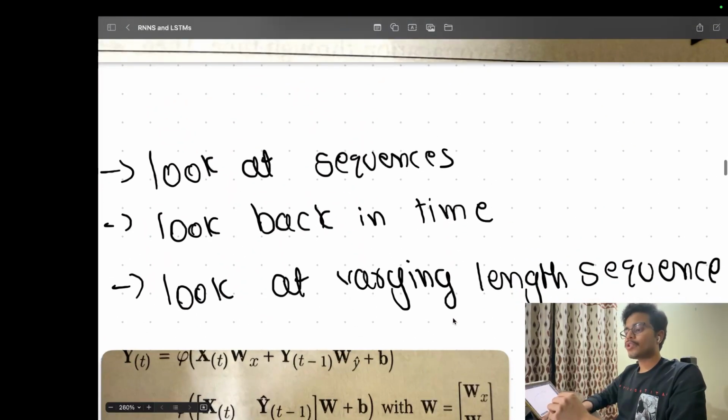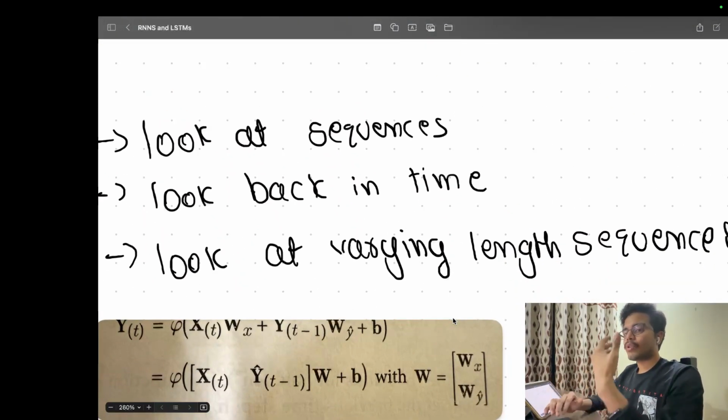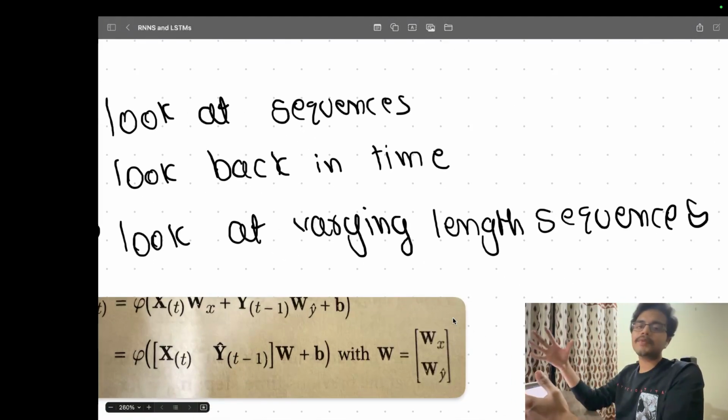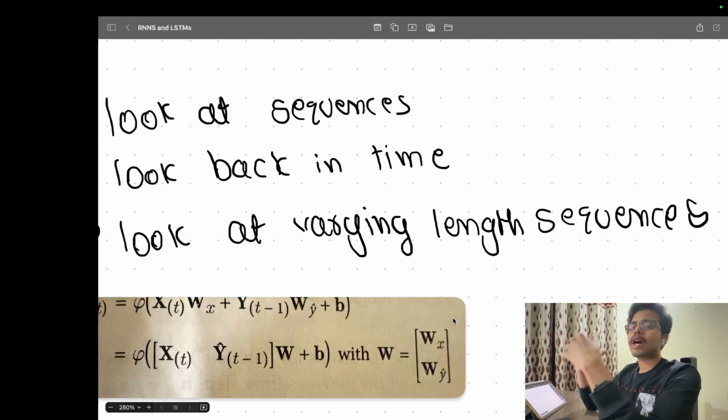So, in short, an RNN is all about looking at sequences, looking back in time, and also looking at variable lengths of sequences. A typical feed-forward neural network, on the other hand, can only look at one input at a time. But in an RNN, you must have the capacity to look at variable sequences at a time. Because let's say you have a sentence.